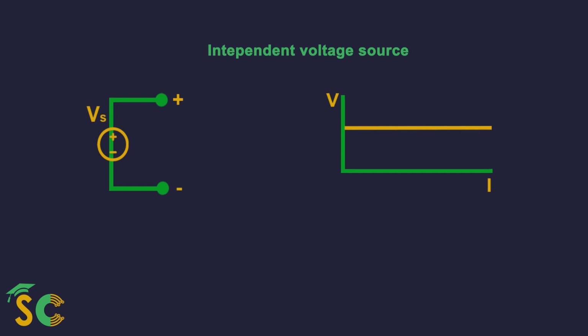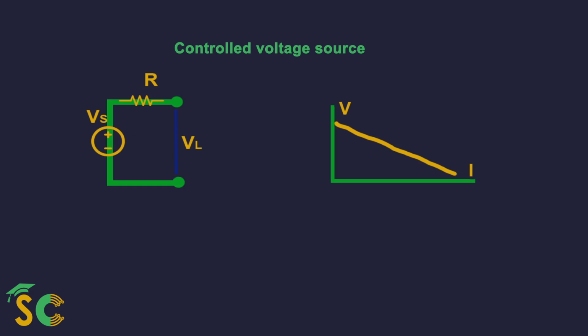Here is depicted the circuit and volt-ampere characteristic of an independent voltage source. And here you can see the circuit and volt-ampere characteristic of the dependent voltage source.